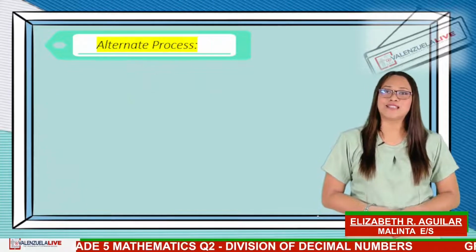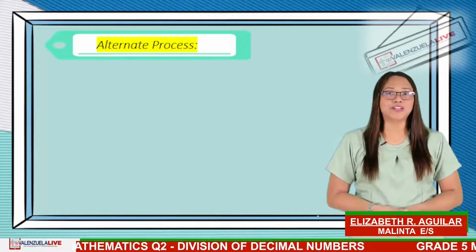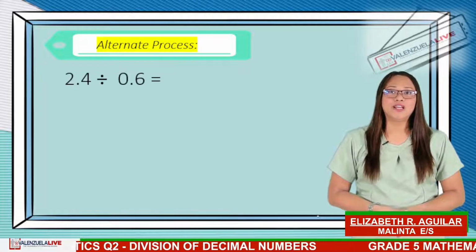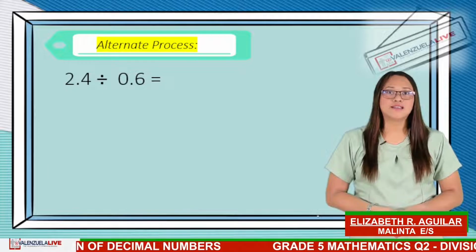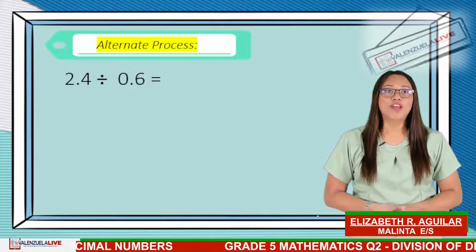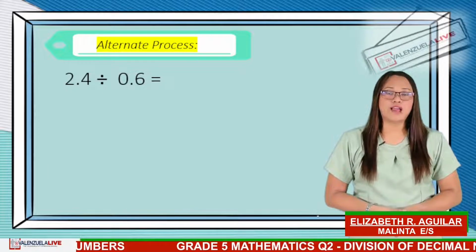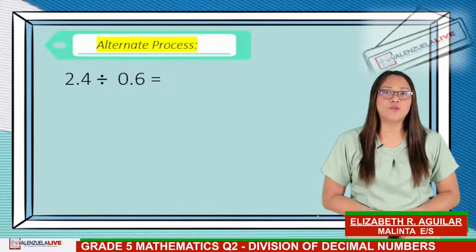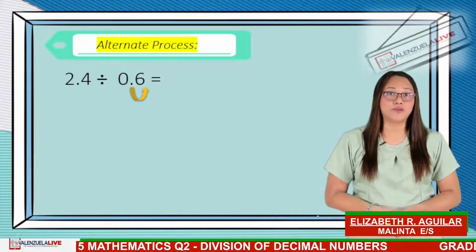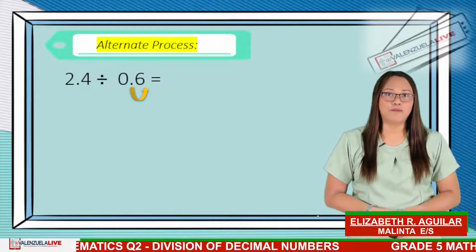Then for the next step, or we have the alternate process, we have here 2 and 4/10 divided by 6/10. So we just need to move the decimal point in the divisor one decimal place to the right to make it a whole number.